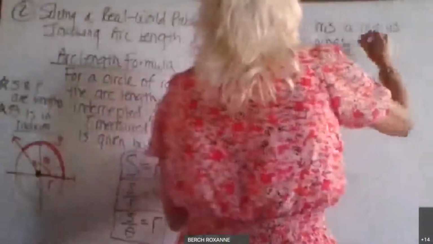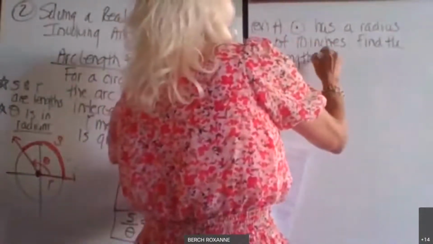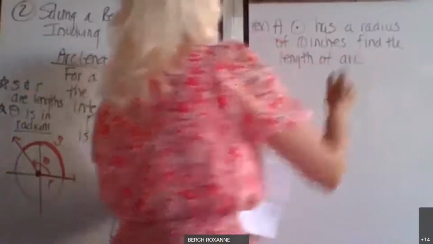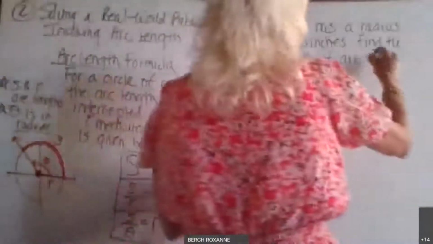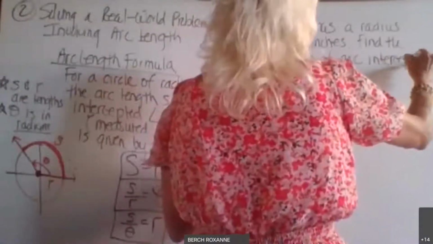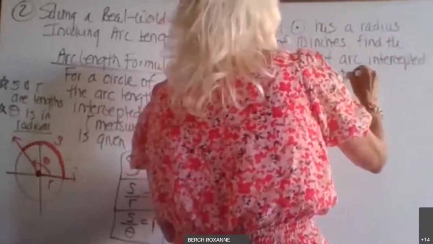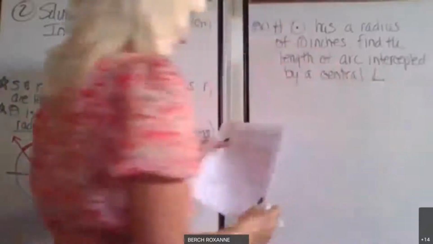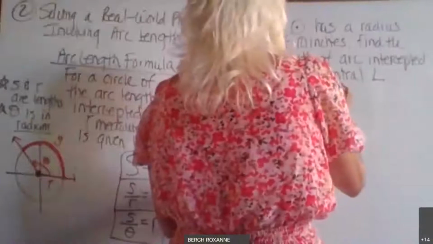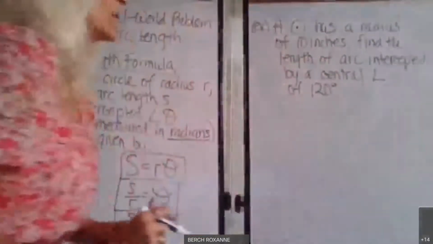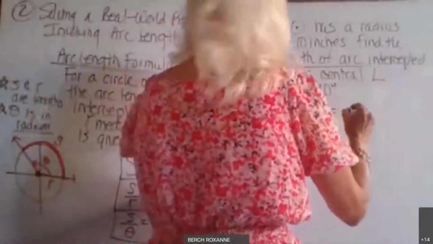Find the length of the arc intercepted by a central angle of 120 degrees. So they want us to find the length of an arc, so we're going to use S is equal to r theta.